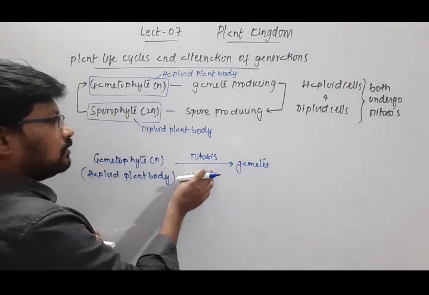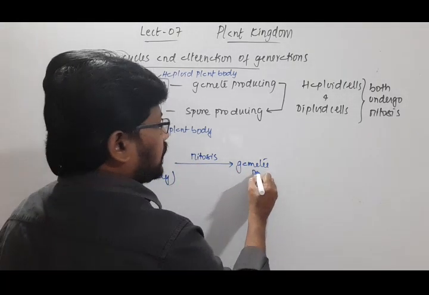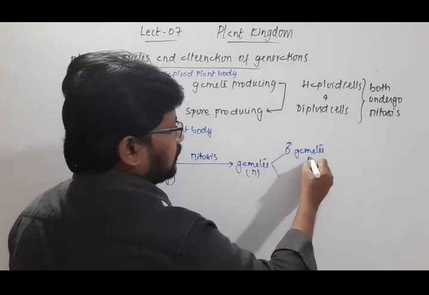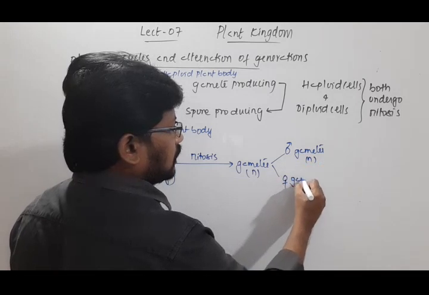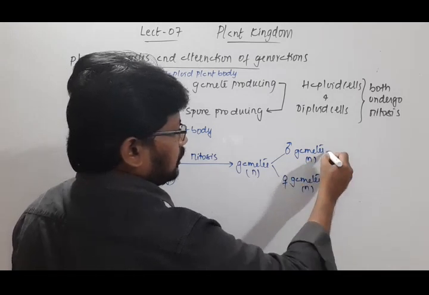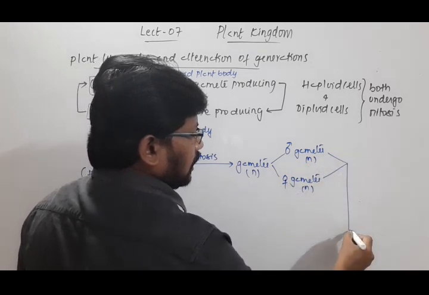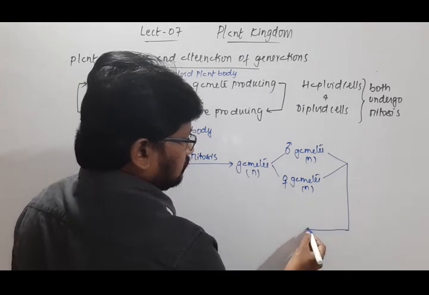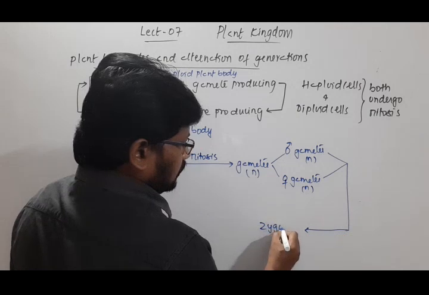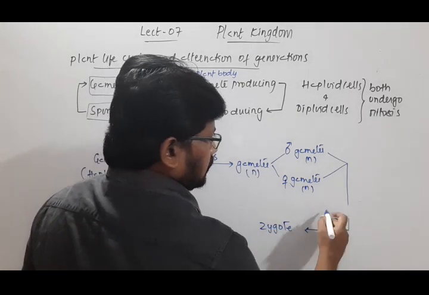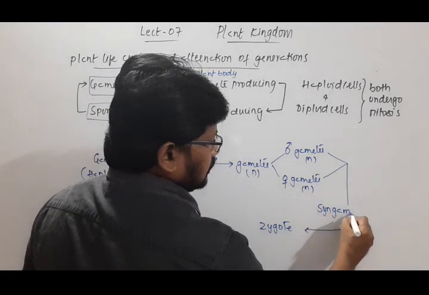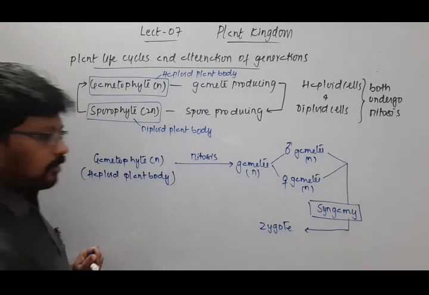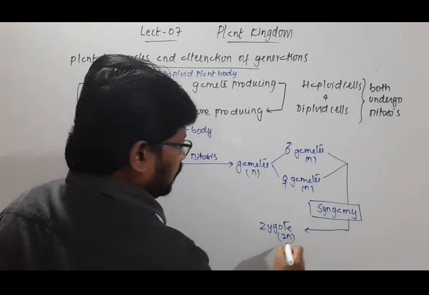Okay, so it will undergo mitosis to produce gametes, and these gametes are male gametes which are haploid, and also the female gametes are haploid. So the male gametes and female gametes, they fuse to form diploid cell, and that is called zygote, and this fusion is syngamy. Okay, so it results in the formation of zygote, and this is diploid.